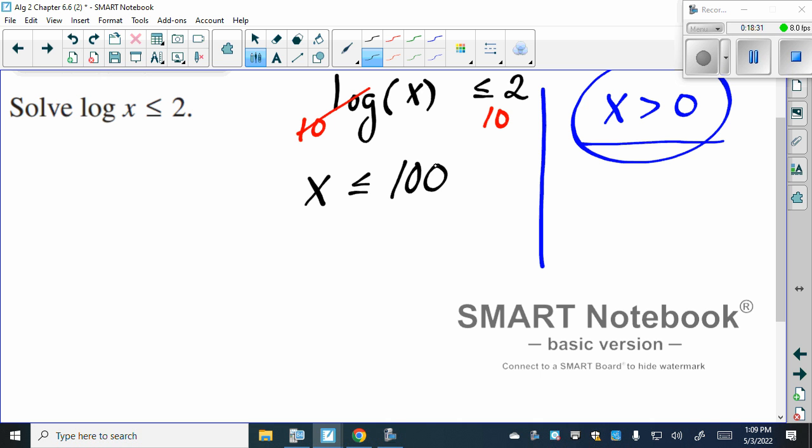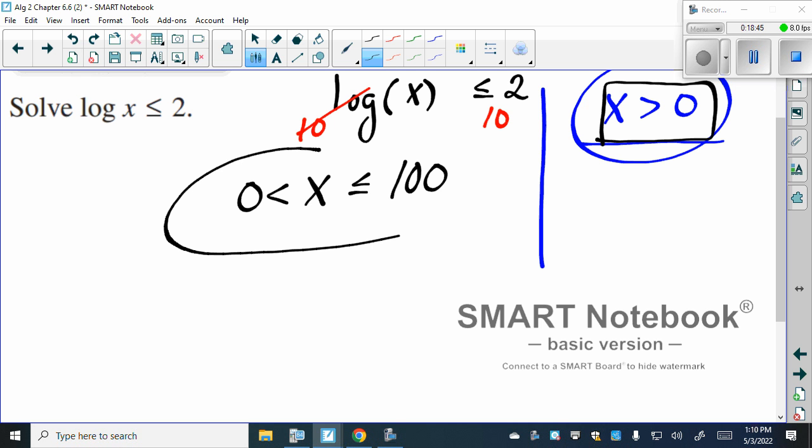Now, x has to be greater than 0, yes? Is 0 less than 100? Yes, but we said it can't be included, so we have to add the restriction that x has to be greater than 0. So 0 is less than x is less than 100.